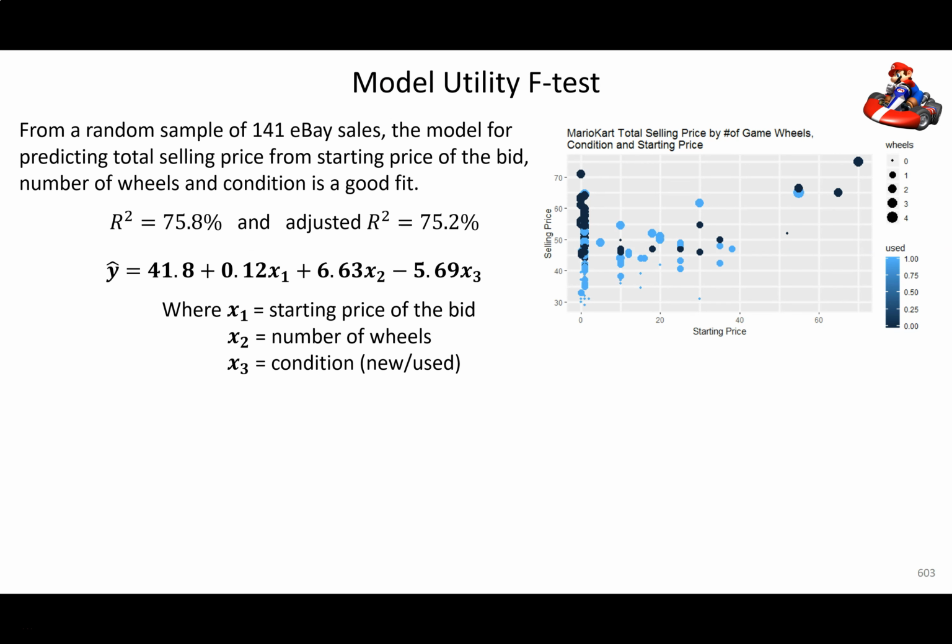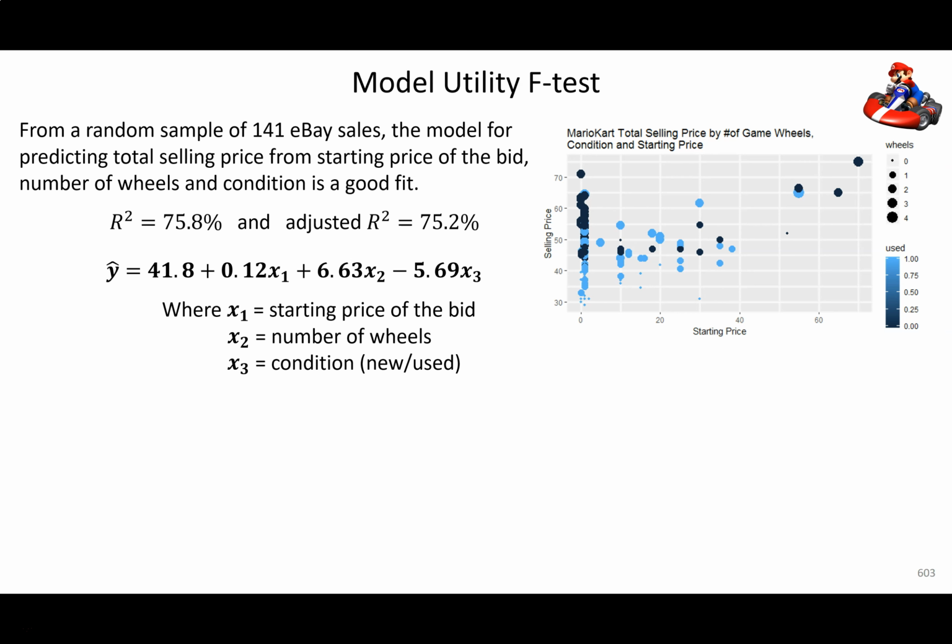So the example that we're going to use throughout week 9 is going to be the Mario Kart example. So we have a random sample of 141 eBay sales specifically for Mario Kart. And we have the starting price of the bid. So bidding, it's an auction, people can up the price, that kind of idea.